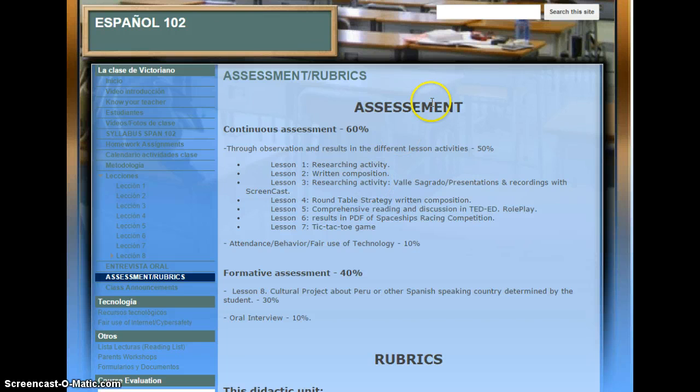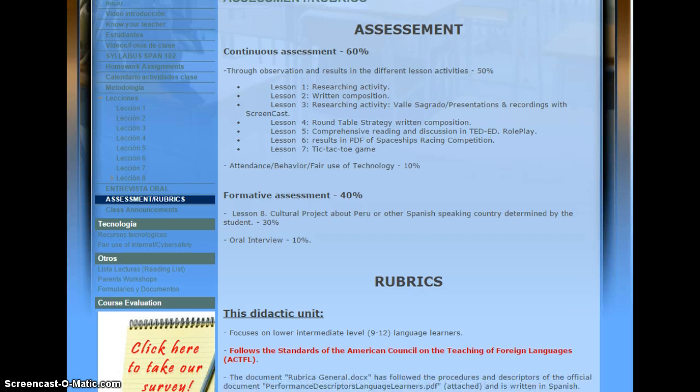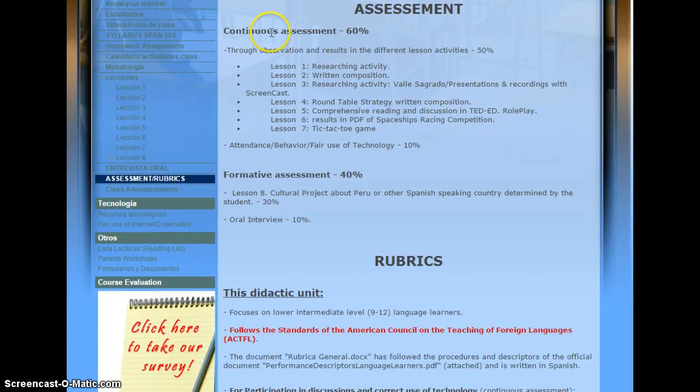I didn't put the assessment in every lesson because I consider it was easier to move around this tab, around this section, to be clear. Here I divided in continuous assessment and formative assessment. I value more the work they are doing every day.